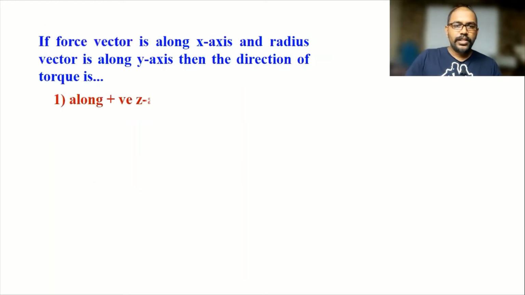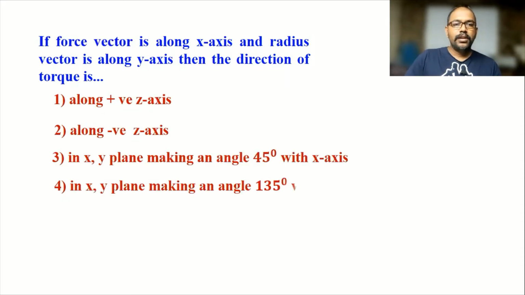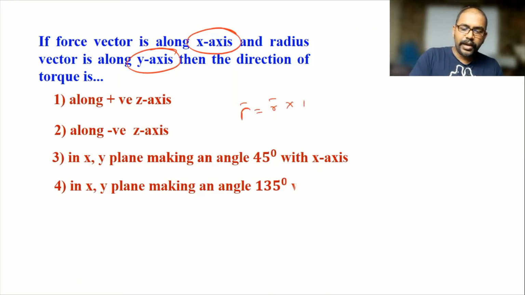See here, the next question is: if the force vector is along the x-axis and the radius vector is along the y-axis, then what is the direction of the torque? Now the formula of the torque is torque equal to R bar cross F bar.